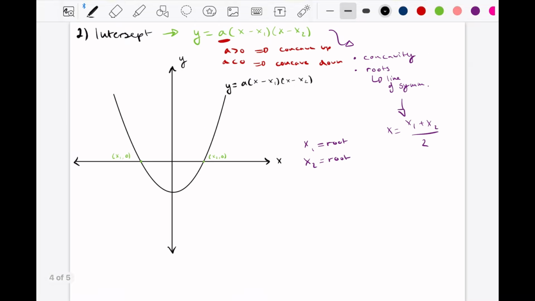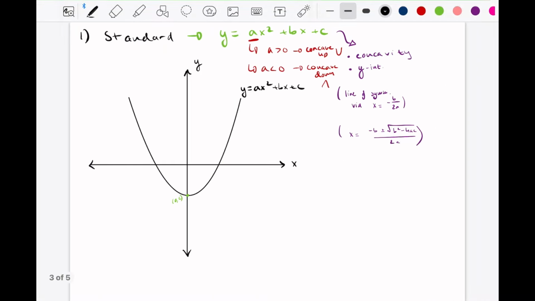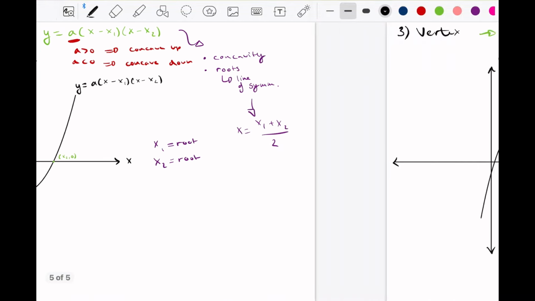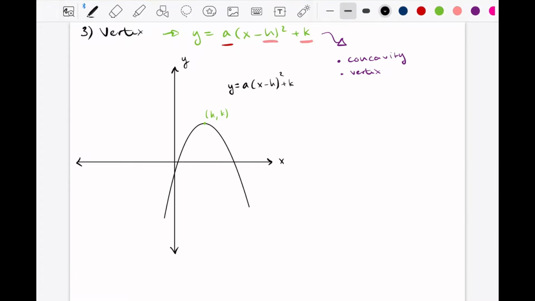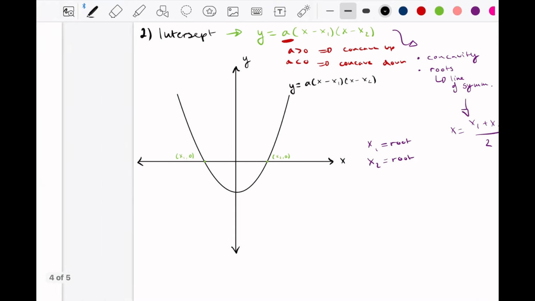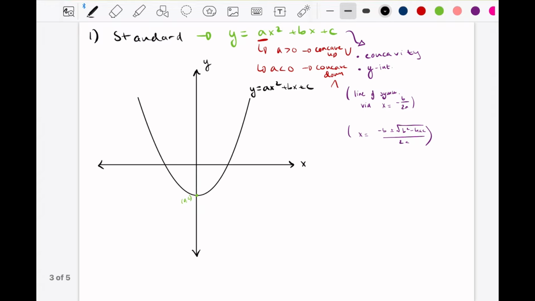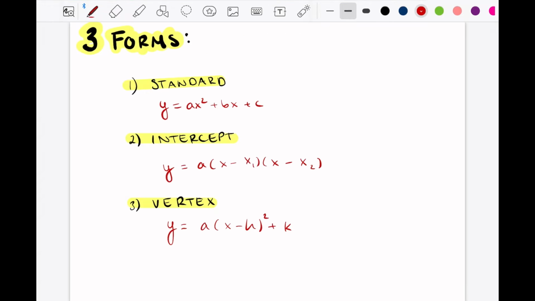Switching between these two, I would suggest expanding and then following the steps that I've just shown previously. And either way, you can always just try to manipulate it algebraically if you want to return to the standard form. So to summarize really fast, here our c is going to be our y-intercept.